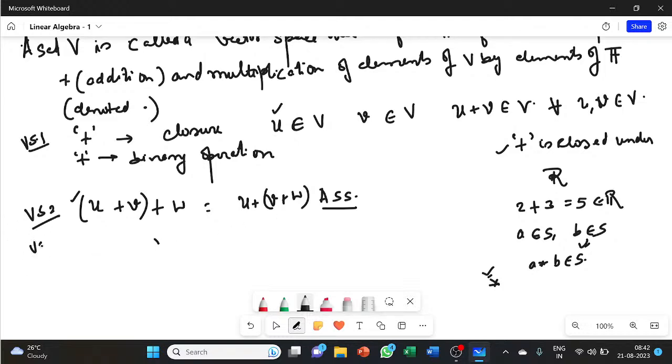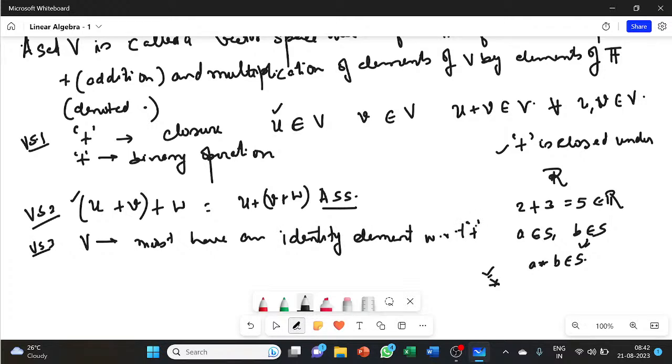The third property that I referred to there was the existence of an identity element. So the set V must have an identity element with respect to addition.